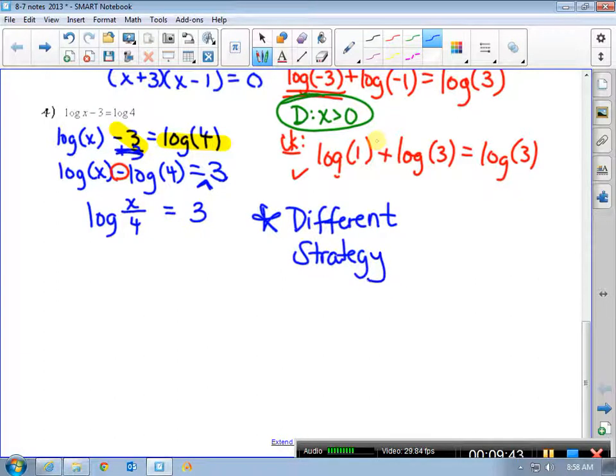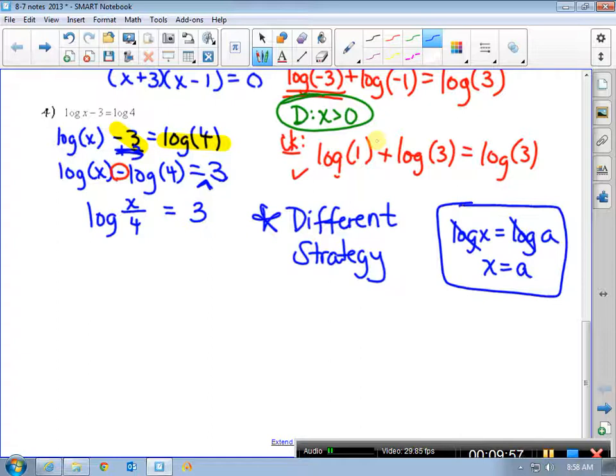In all of the other problems, we had the log of something equals the log of something. And in that case, we can just anti-log both sides. So that worked out just fine. In this 4th question, I just have a logarithm equation. So I need you to remember that you can change that to exponential form. Just like we started with a few reminders about what we've been doing, this question needs to be put into exponential form.